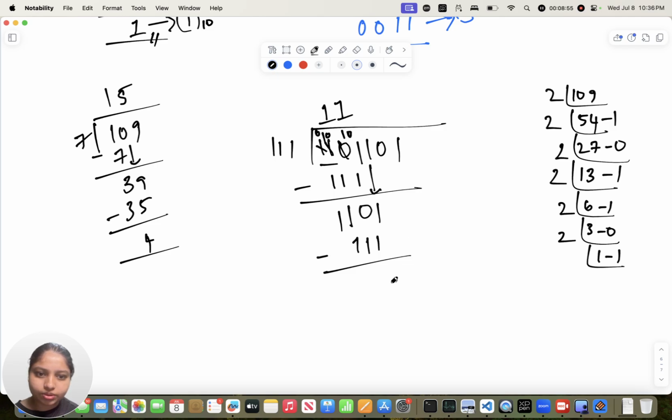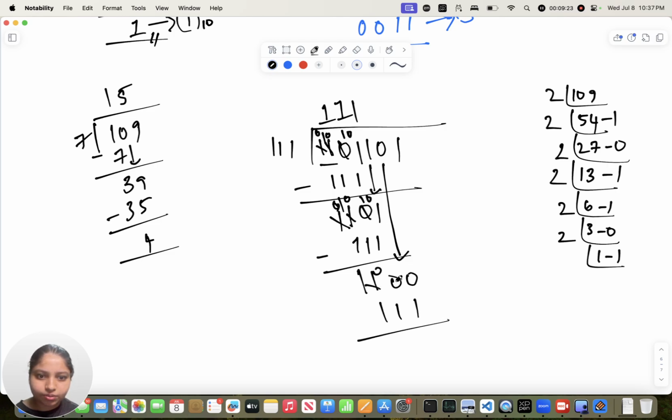1 minus 1 is going to be 0, again carry over. So 10 minus 1 is going to be 1, this is 0 again, right? So again carrying over this with this value, so it's going to be 10 minus 1, which is going to be 0, and then I have 0 minus 0, 0. Now the next value I'm going to bring down is 0 again, so 111.